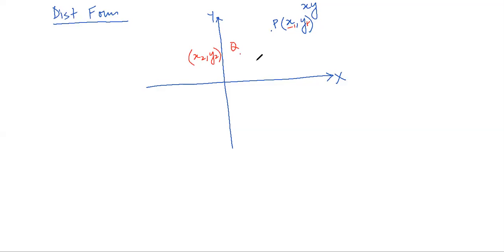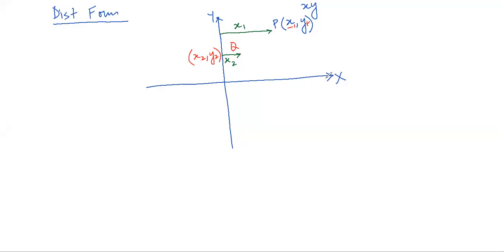Now students, the question is, what is x2? x2 is basically the horizontal distance from the y-axis. Now, what is x1? x1 is the horizontal distance of the point P from the y-axis.